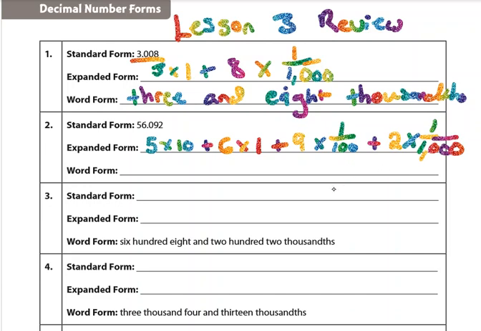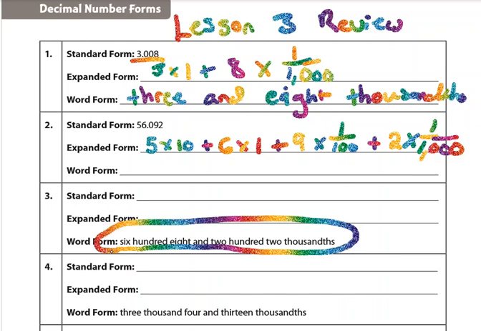And then what I really want to do is take this number 3, which is 608 and 202 thousandths. So how I would write that in standard form is we're going to do 608, and "and" is our decimal, and then we're going to do 202 thousandths.